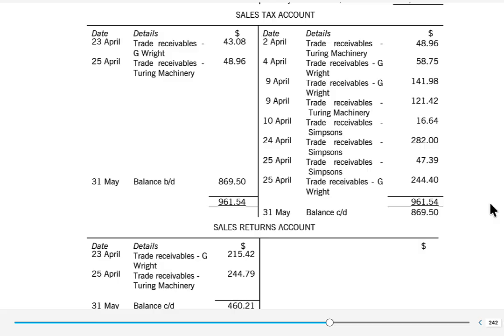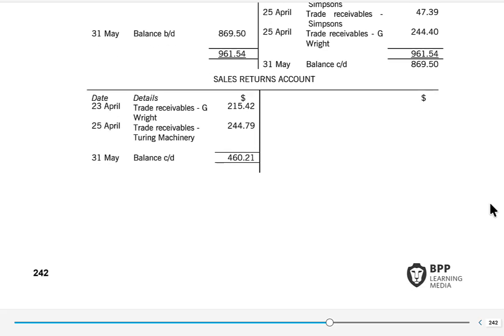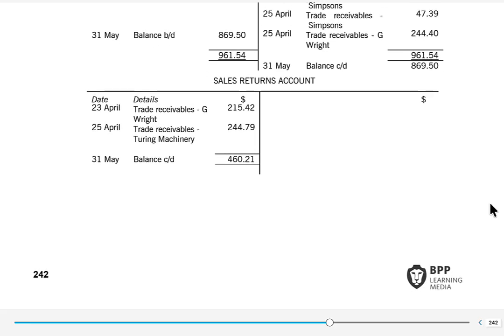And the balance carried down is 869.50. Meaning, at the end of the period shown, the business owes 869.50 of output tax to the tax authority based on this set of transactions. This is exactly why the sales tax account shows a credit balance.